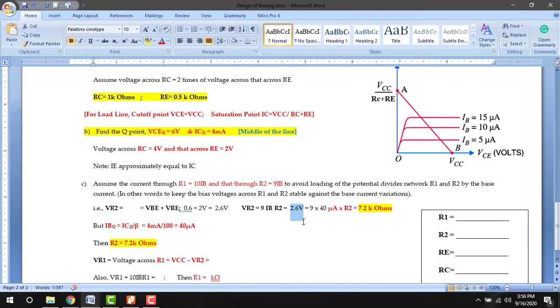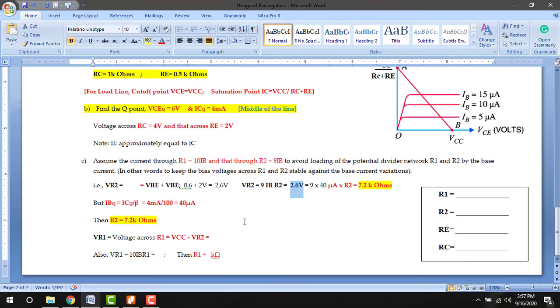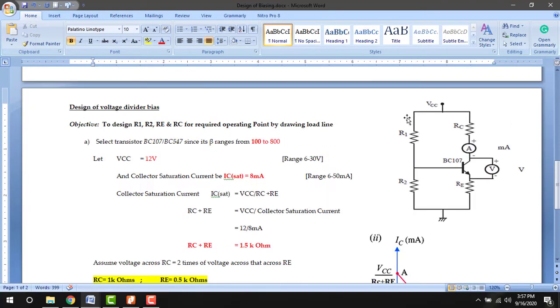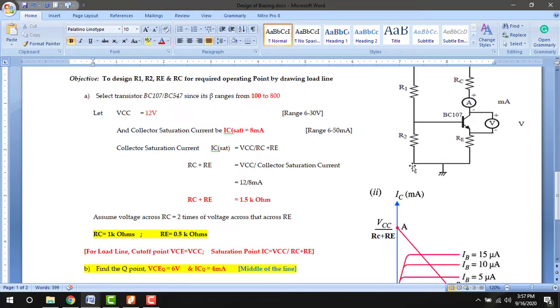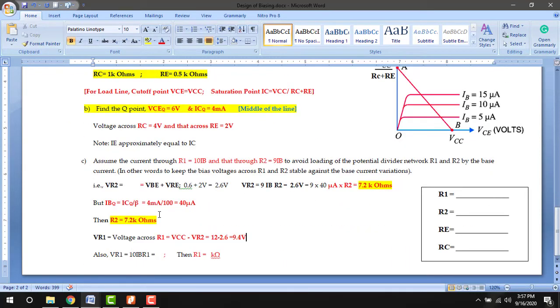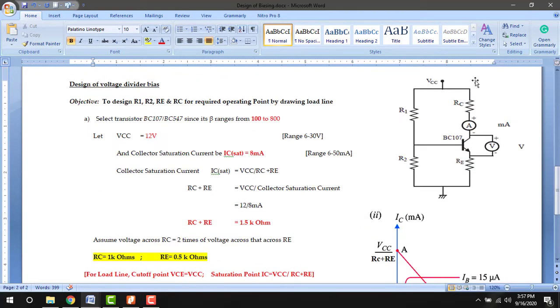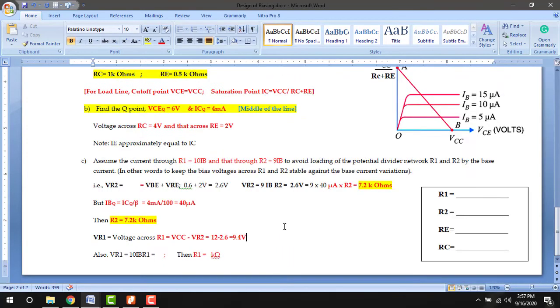Then the voltage drop across R1 is equal to 12 minus 2.6, VCC minus VR2, which gives 9.4 volts. So the voltage drops across R1, 9.4, and R2, 2.6, give the total voltage of 12 volt.